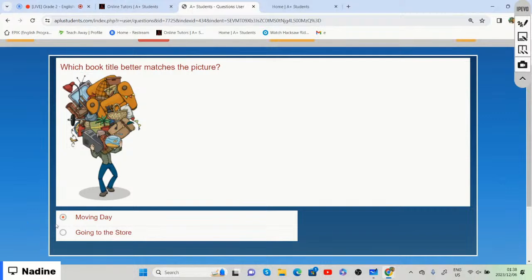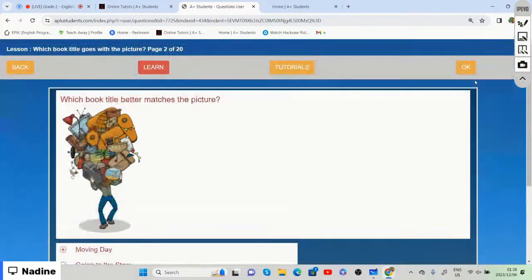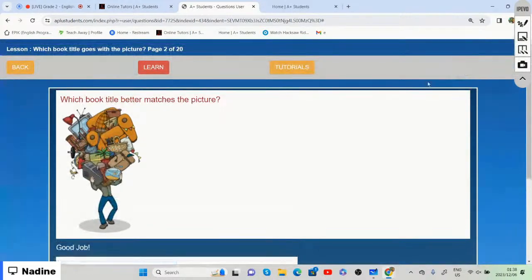And we already said that the first word, which is moving, is capitalized. The last word, which is day, is capitalized. Moving Day. And Moving Day is correct.